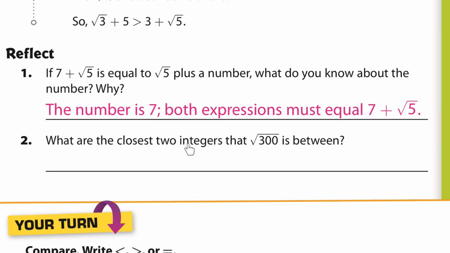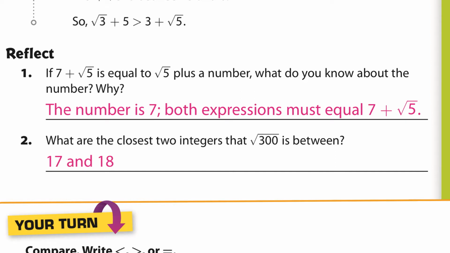So what are the closest two integers that the square root of 300 is in between? 15 times 15 is 225. 19 times 19, 17 times 17. Let's see what we got here. What is 17 times 17?